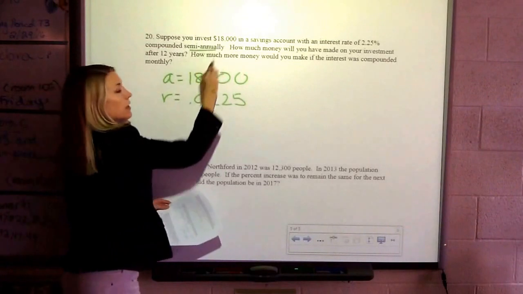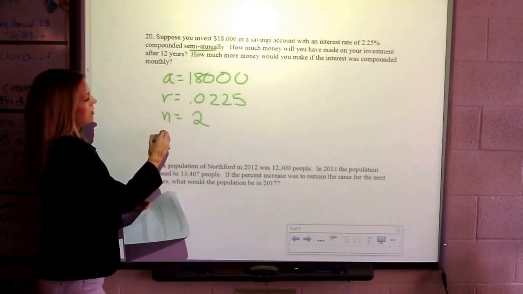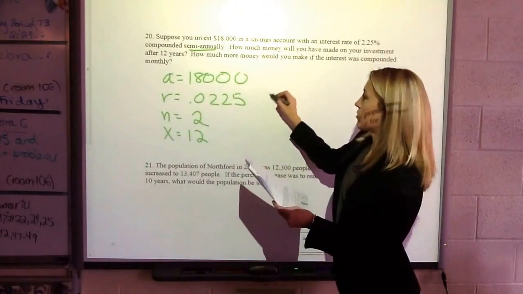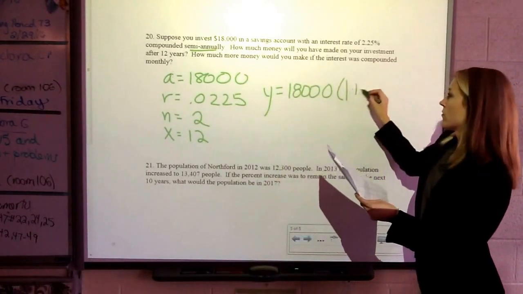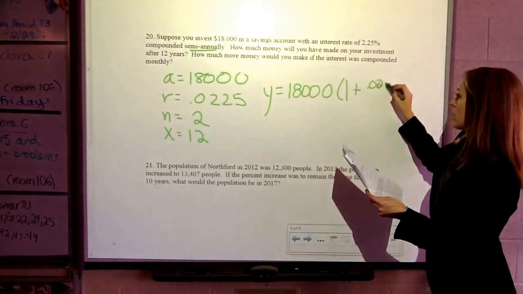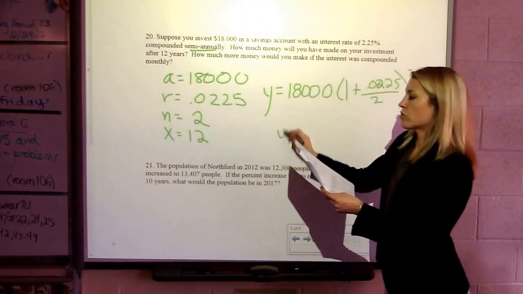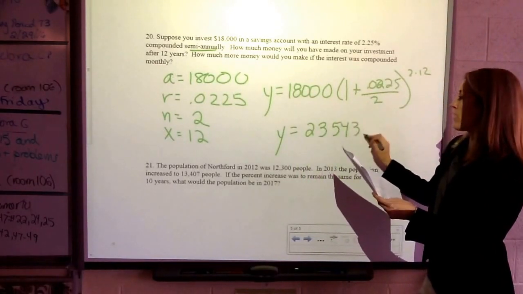It is semi-annually, so you should know my N is 2, and I'm keeping it in there for 12 years. So plug this into your formula. The formula should be memorized, hopefully, at this point. And you should get 23,543.84.